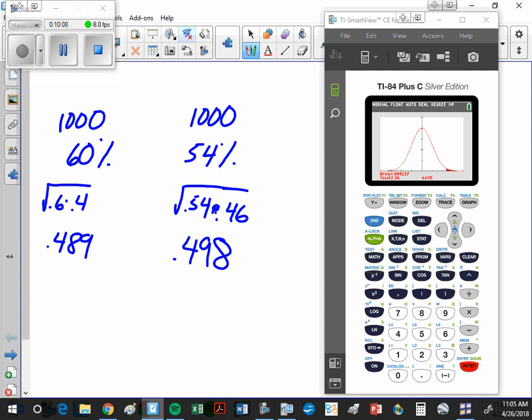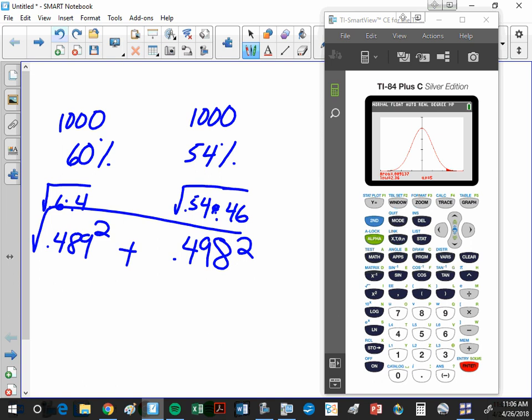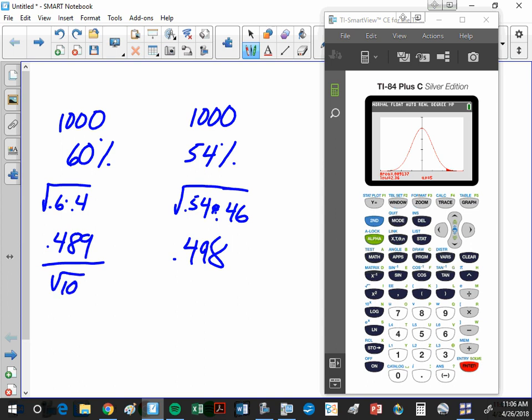Now I take the square root of the sum of the squares and I get 0.498. So I divide by the square root of 1,000.